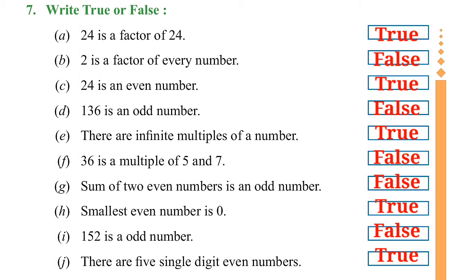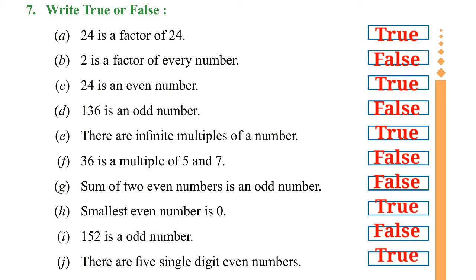So this is false. C part 24 is an even number. So this is true. D part 136 is an odd number. This is false. E there are infinite multiples of a number. Number के multiples infinite होते हैं. So this is true. F part 36 is a multiple of 5 and 7. So this is wrong because 36 ना तो 5 के टेबल में आता है ना ही 7 के.